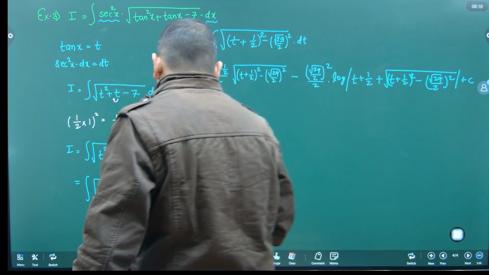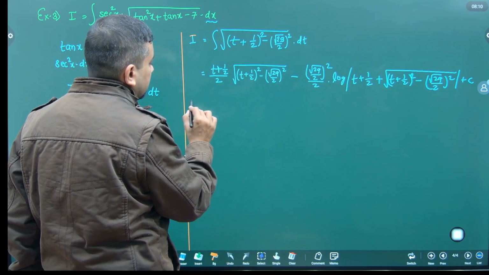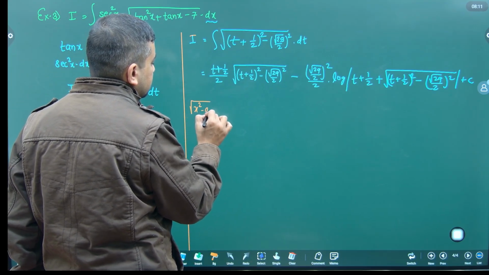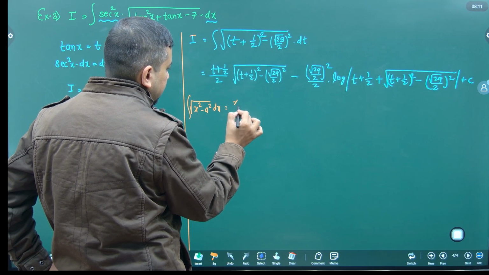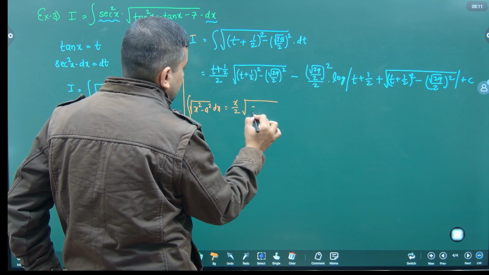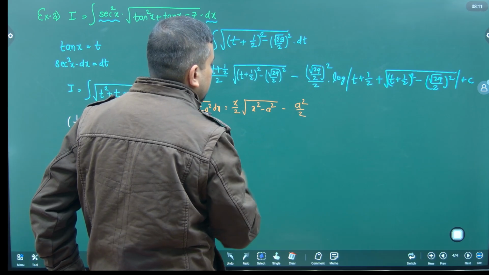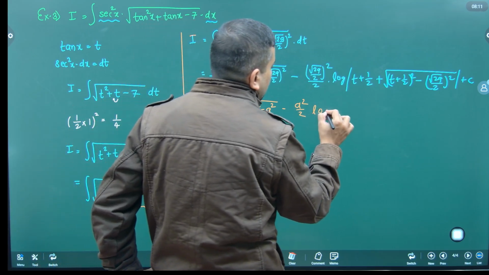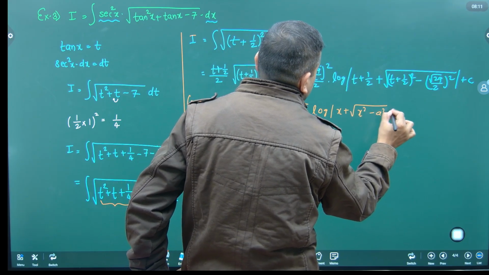Right? So if you are still confused, this is of the form under root x square minus a square dx, and we have written this as x by 2 under root x square minus a square minus a square by 2 log of x plus under root x square minus a square plus c.